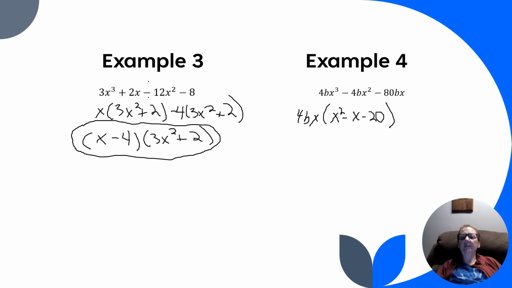Now, I'm not done. This is a trinomial, so I want to factor that. It's a normal trinomial with a first term of 1. So I'm looking for things that multiply to 20 that subtract to 1. So 20 and 1 do not. 10 and 2 do not. 4 and 5 do.